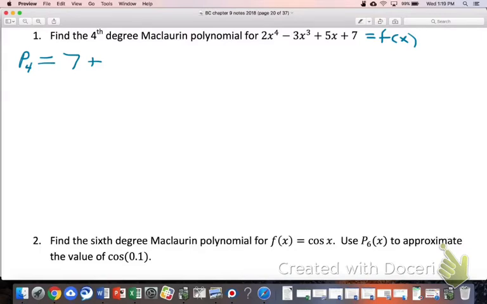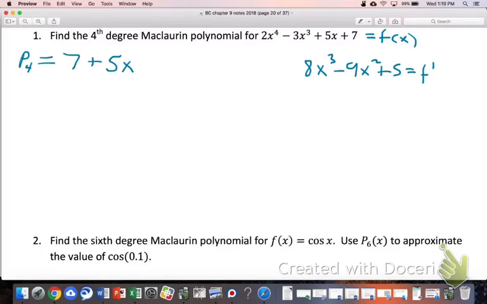So let's find f prime. F prime would be 8x cubed minus 9x squared plus 5. So what's f prime of 0? 5. Okay, so plus 5x. And again, you can kind of see that Maclaurin construction right above.